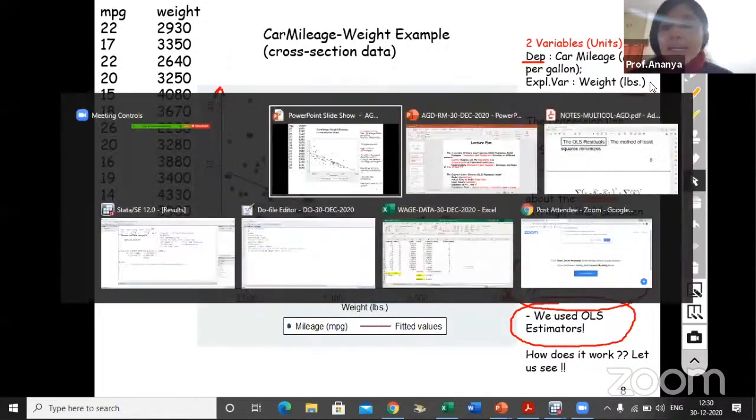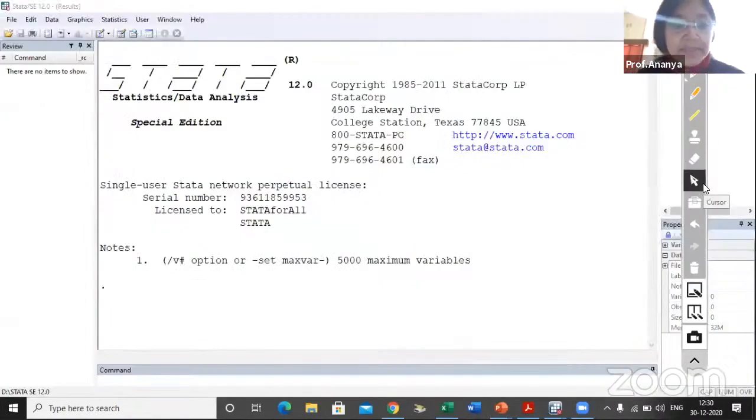Now, what you can see on my screen, I hope it is visible. The Stata on my screen is visible now. Okay, so I will use a data set. Can you see Stata?